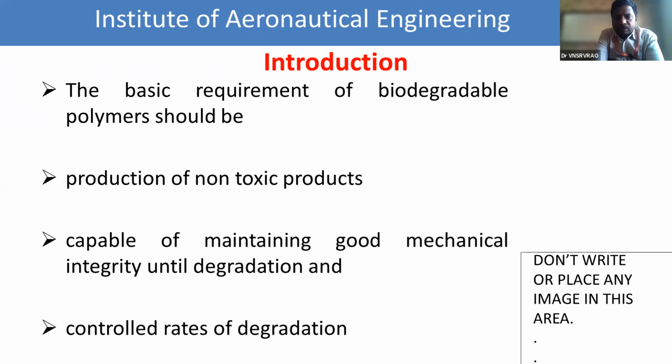Production of non-toxic products, and the second one is they maintain the mechanical integrity until they undergo the degradation step, and at each and every step there is a controlled rate of degradation. Okay, so these are the basic requirements of biodegradable polymers.